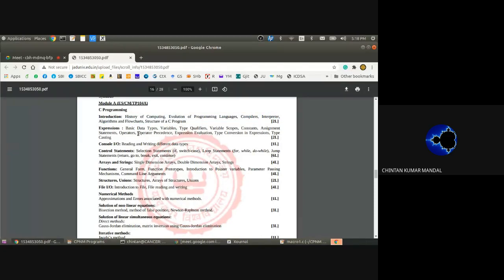Operator precedence, you can study from any book, you can find it. What is an operator? All the plus, minus, negative, plus, minus, brackets follow the BODMAS rule. But if there are pointers and ampersands, then you have to know the precedence, and for the logical operators also.